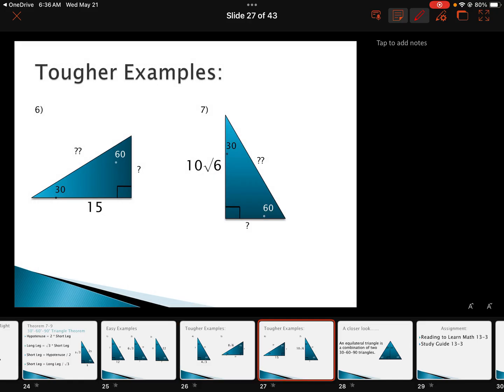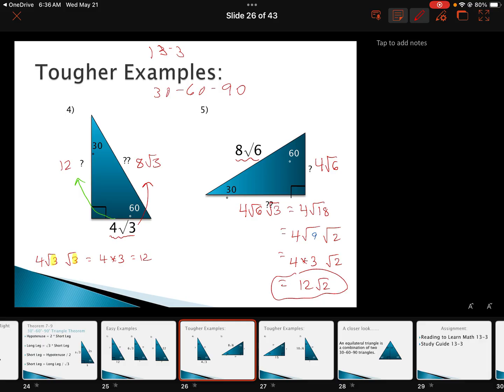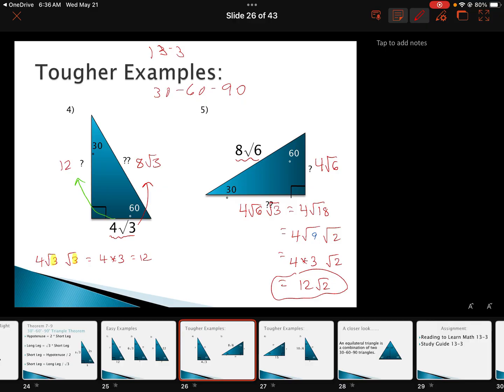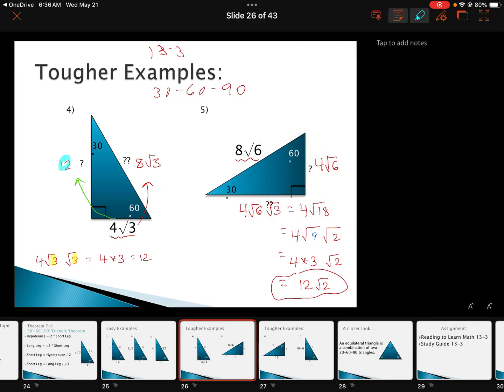Let's try some other ones. This number 6 is going to look exactly like your number 4. Look at your number 6 again. You see how the long leg is a whole number? Wasn't the long leg a whole number in number 4?